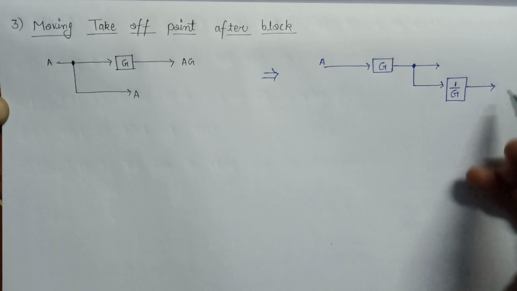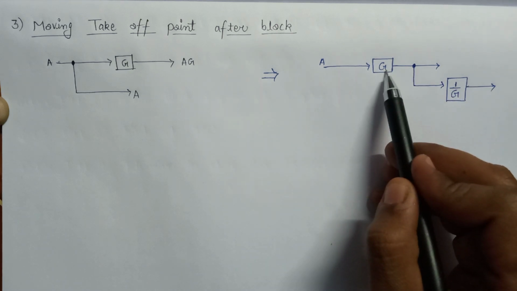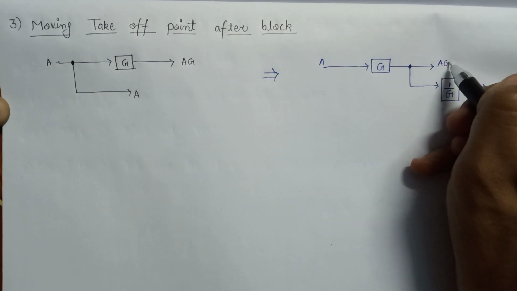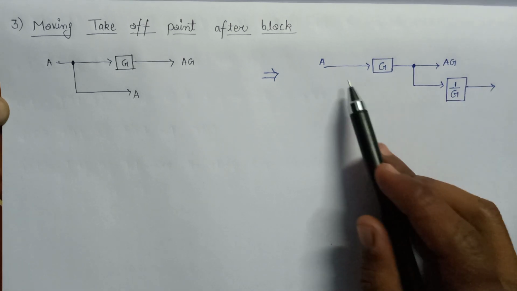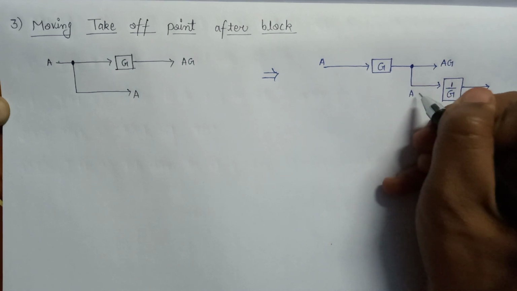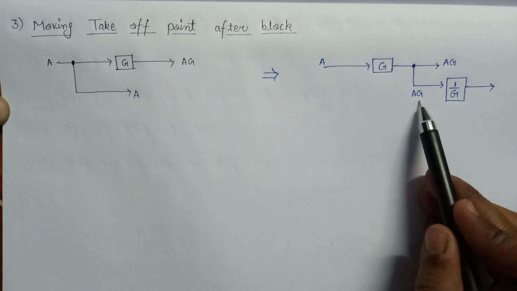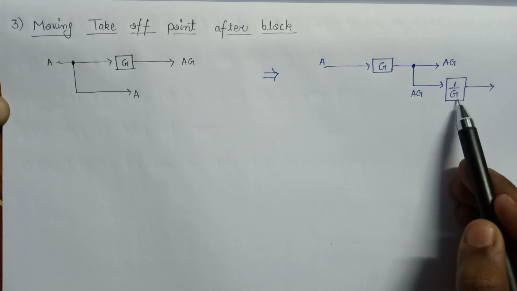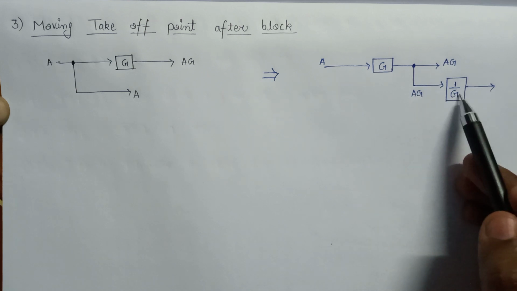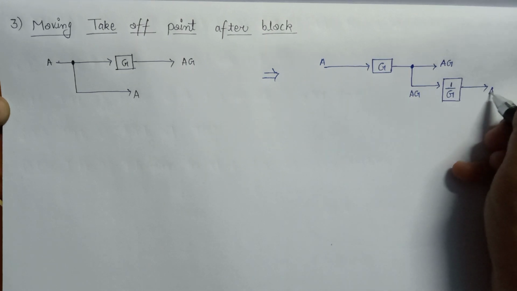And now here A is multiplied with G, so the output of this branch will now become A into G. Similarly, the output of this branch till here is AG, but if AG is being multiplied with 1 by G, then the gains will cancel out with each other, that is this G will cancel out with this G, and we finally get A in the output.